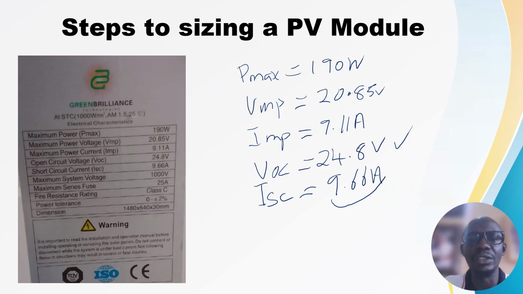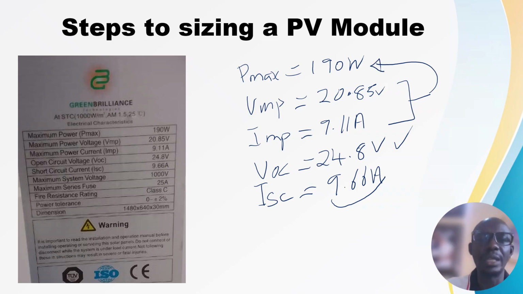And that is for a short duration, because if you connect it for a longer duration, it might damage the panel. Do you understand? So that's just the basic explanation. If you multiply the voltage at maximum power and the current at maximum power together, it should give you approximately 190.